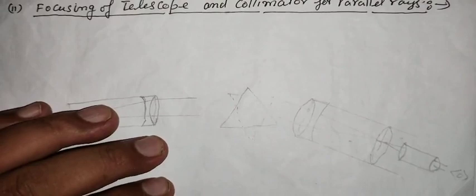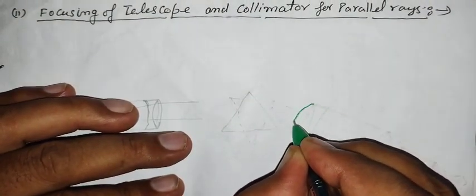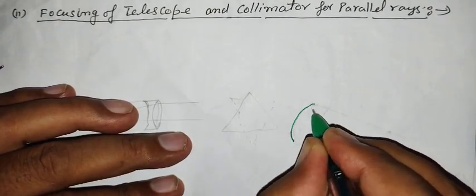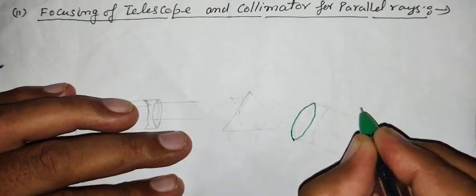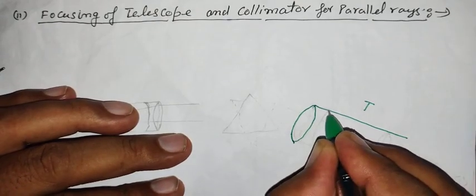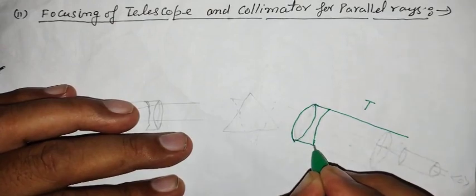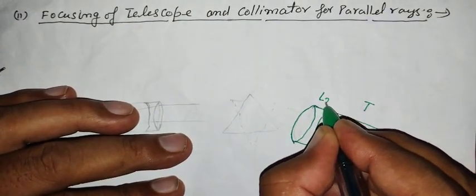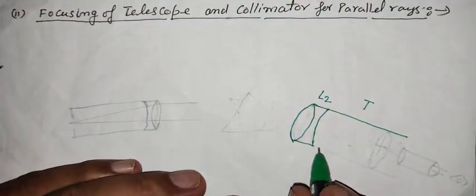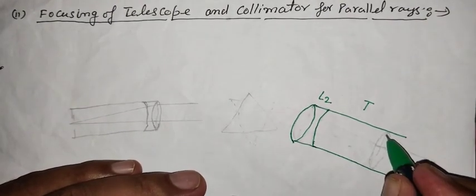First of all, we are going to see the telescope T, where the achromatic combination of convex lens L2 is here. It is on one side of the box.